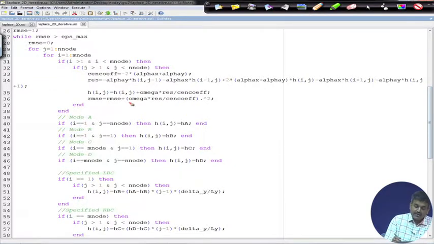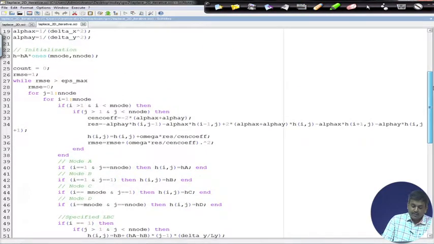So, in this case again the things are within our while loop. Count is the counter, RMSE is 1. So, RMSE greater than epsilon max.